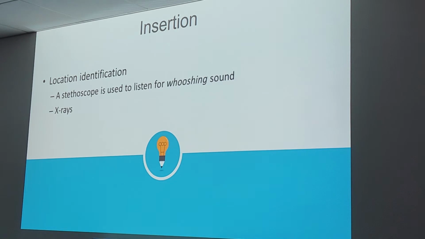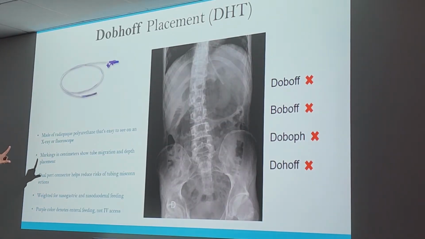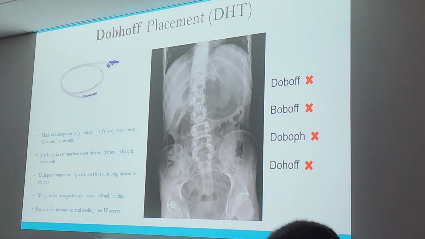So the patients are usually placed in a Fowler's position, and the tube is measured from the nose to the stomach to see what the distance is, like a rough idea. And then the tip, if you see in the next slide, is weighted at the end to make the insertion easier, okay?